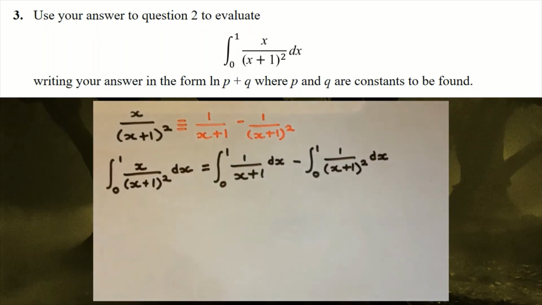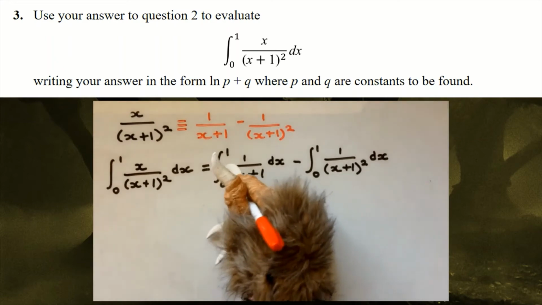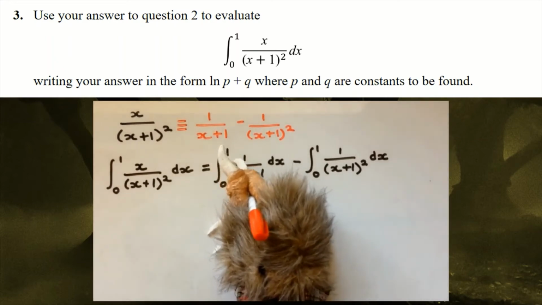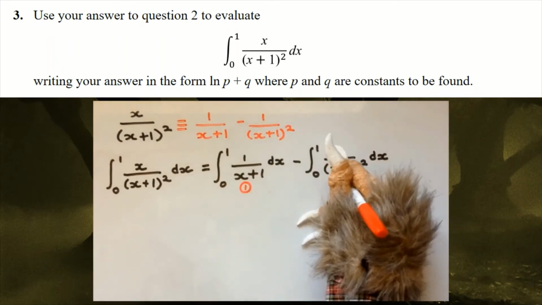Great. So that's how we're using the partial fractions. Now let's have a look at each case separately. I'm going to call the first one integral 1, and the second one integral 2.